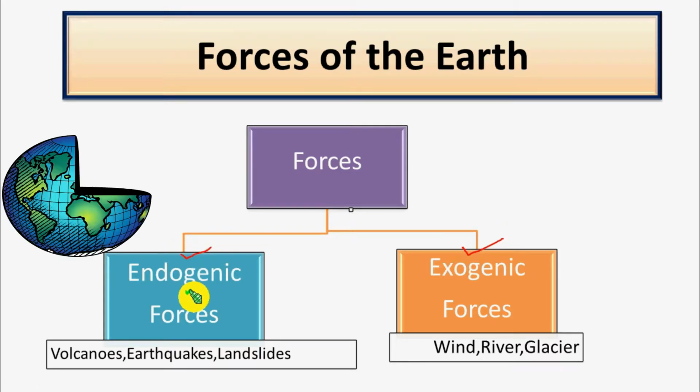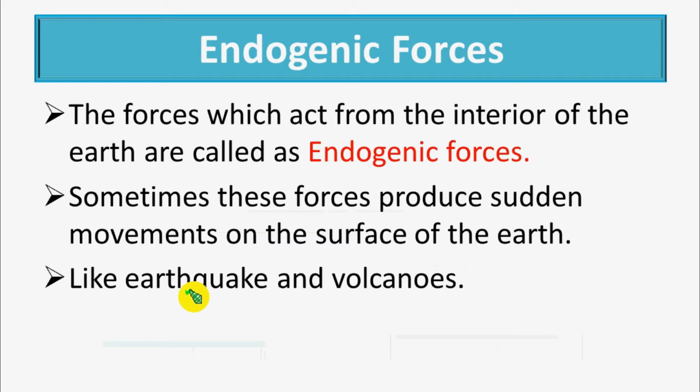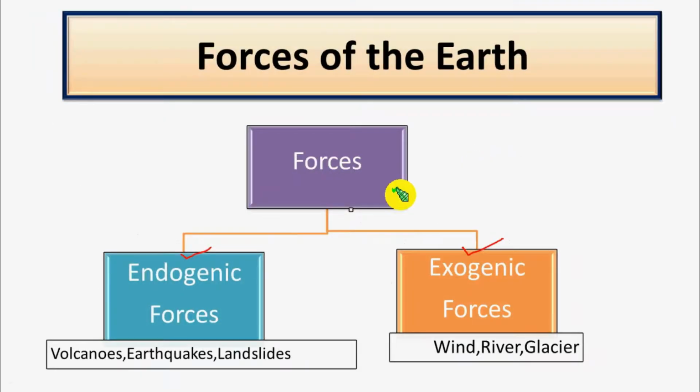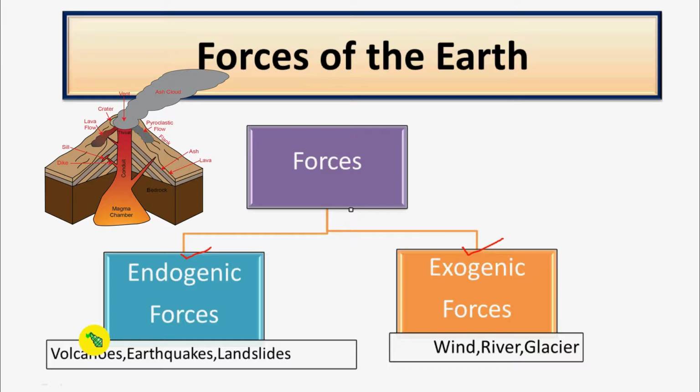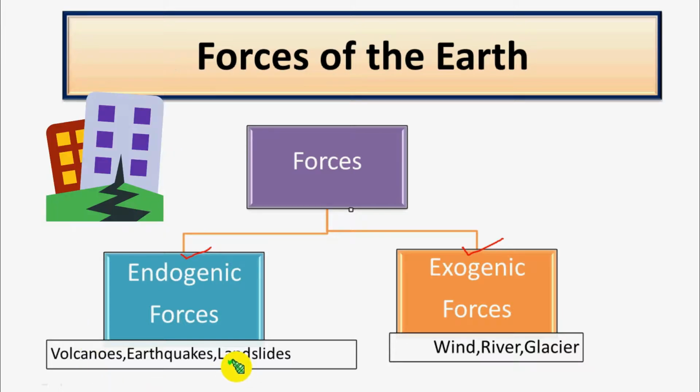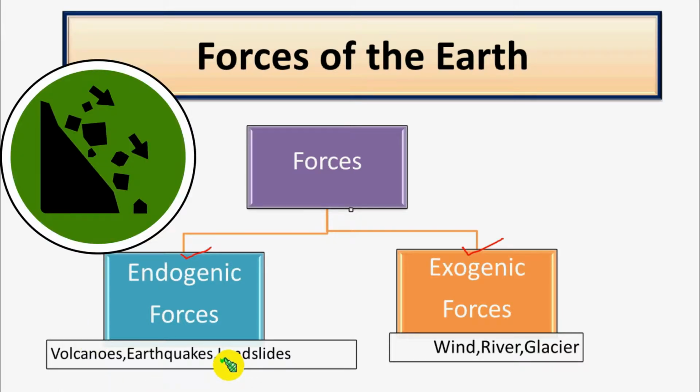Endogenic forces are those forces which are responsible for the changes on the earth from the interior of the earth. These are the forces which are applied from the inside of the earth. Some examples of endogenic forces are volcanoes, earthquakes, and landslides.